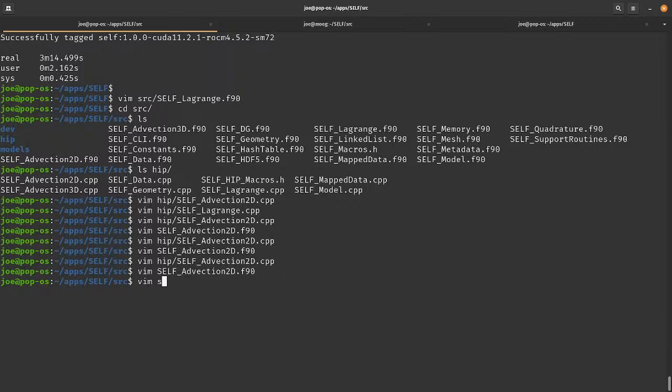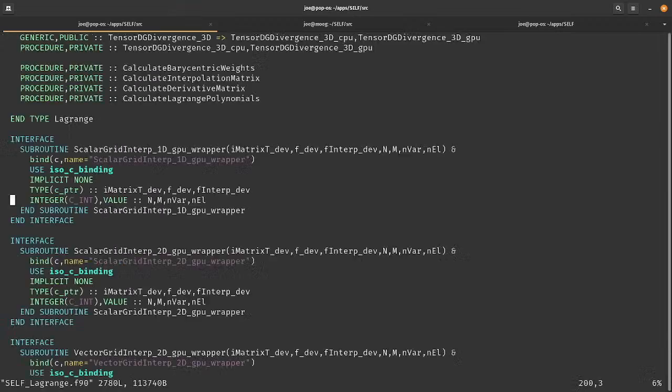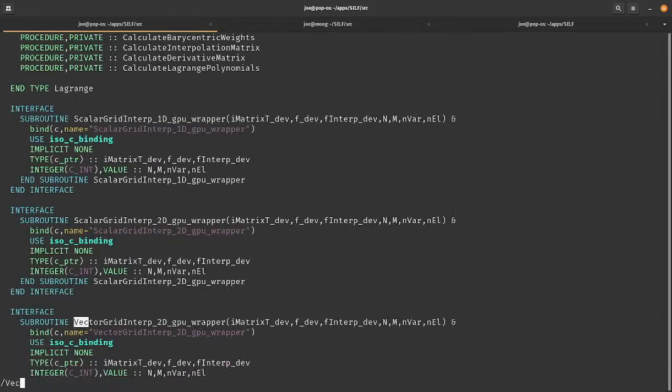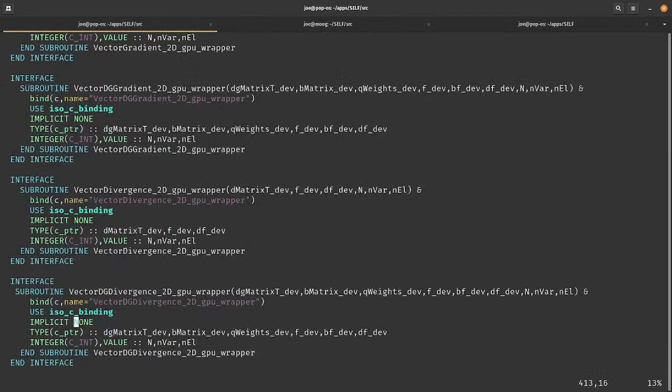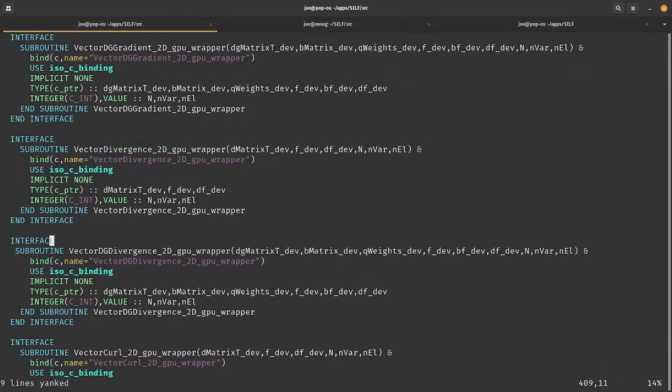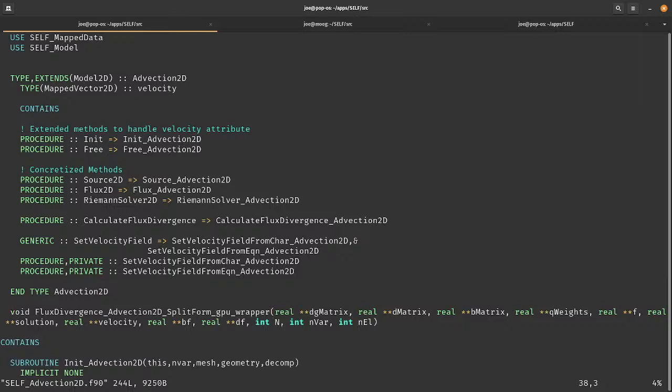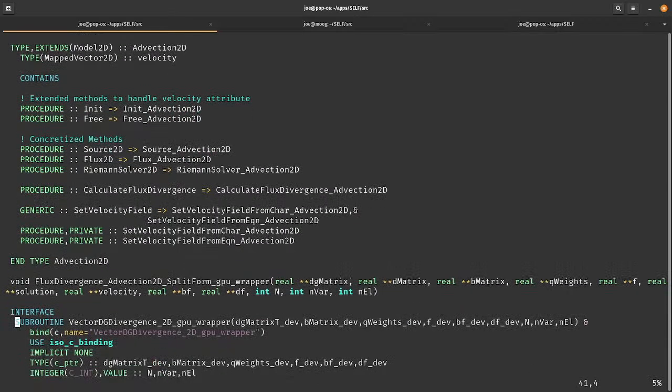I'm going to borrow again from self-Lagrange. Vector divergence, there we go. Vector DG divergence. That's the one we want to borrow from. I'm going to borrow that interface. We're going to change the name.